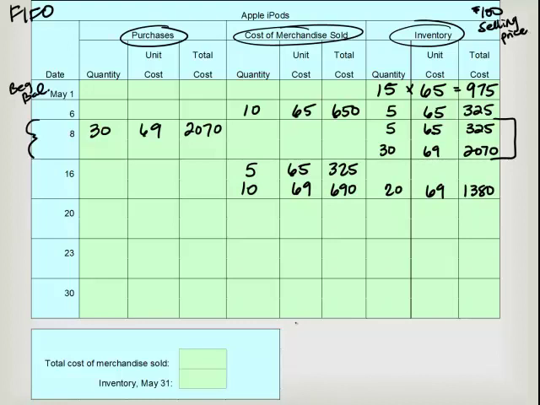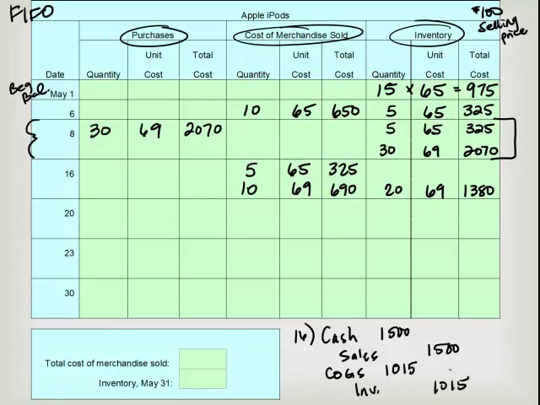And I didn't do one for the 6th, but for the 16th, just to show you, we would have cash received, $1,500, sales, $1,500, cost of goods sold of $1,015, and inventory of $1,015. So I put the selling price under sales. If we sold them for $100 a piece, we sold 15 of them, $1,500. And then our cost of goods sold and inventory entry would be based on this total here.